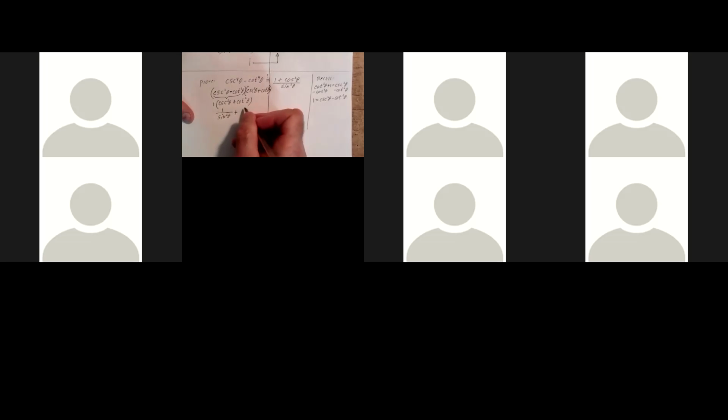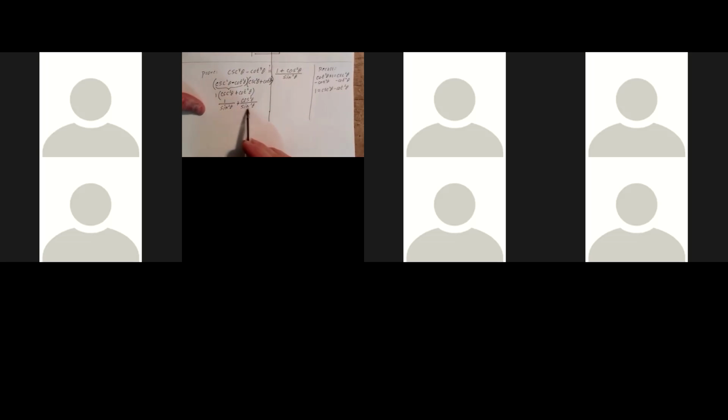Another name for cotangent squared theta is cosine squared theta over sine squared theta. Then we can borrow a trick we've seen from an earlier problem. We can recombine these into one fraction. That comes from basic math. We have a common denominator, so we can write this as 1 plus cosine squared theta over sine squared theta. Ladies and gentlemen, we have shown that the left side is the right side, and we're done.